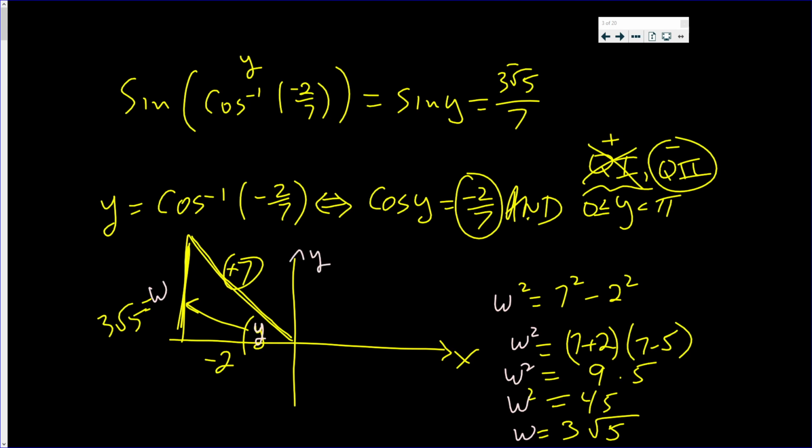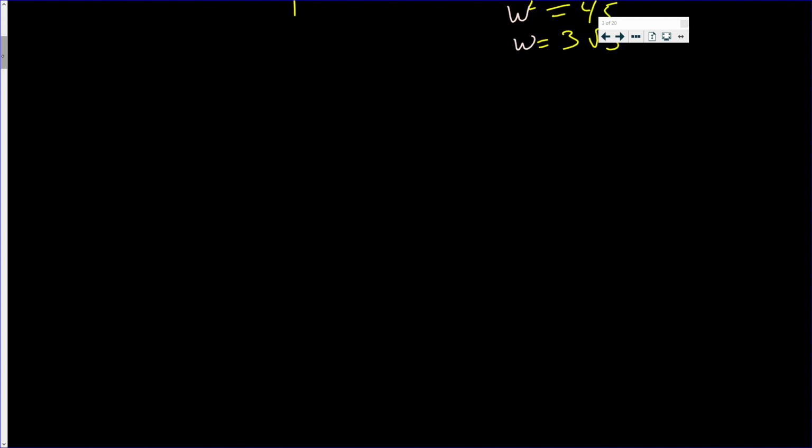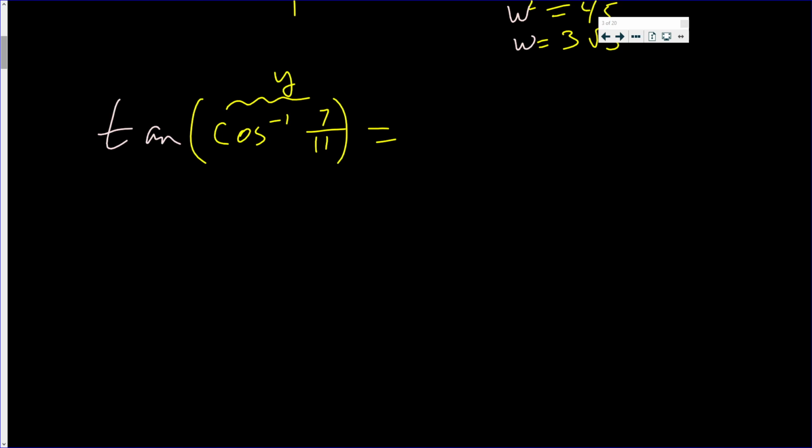Let us do one more. What if I come to tell you to figure out the tangent of the cosine inverse of 7/11? Okay. So we call this y, and we ultimately want to know what the tangent of y is.